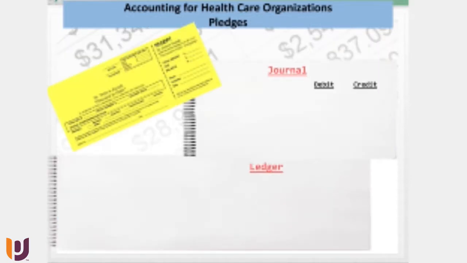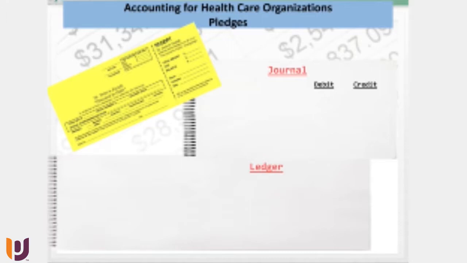A promise to give, a pledge, is a written or oral agreement to contribute cash or other assets to the nonprofit. There should be sufficient evidence in the form of verifiable documentation that a promise was made and received. Unconditional promises to give that are expected to be collected or paid in less than 1 year may be measured at net realizable value, the net settlement value, which results in a reasonable estimate of fair value.